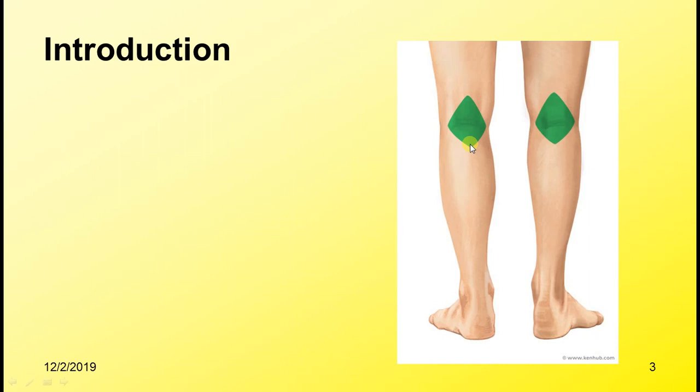That intermuscular space is roughly diamond shaped. So you can simply tell it is a diamond shaped fossa, and since it is present behind the knee, it is called the knee pit. That is why the knee pit is called the poplet. Poplet is nothing but the other name for knee pit.